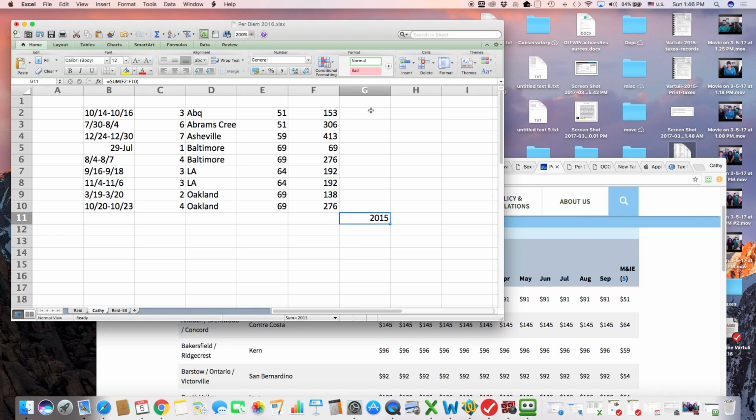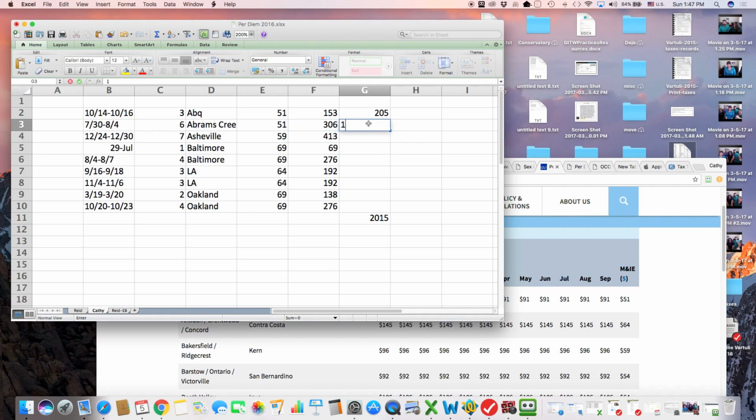Now what I usually do too is I go through my receipts by individual trip. If, for example, my individual receipts were $205 and the per diem allowance was $306, I would choose the higher value and keep that.